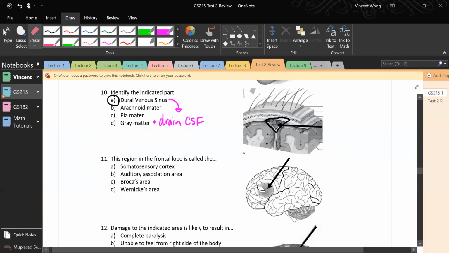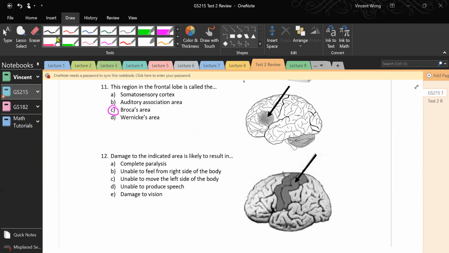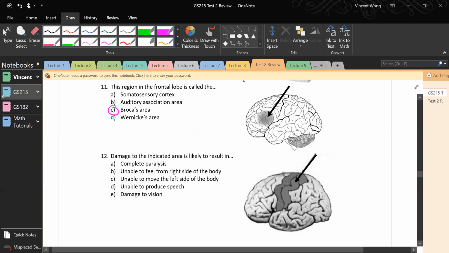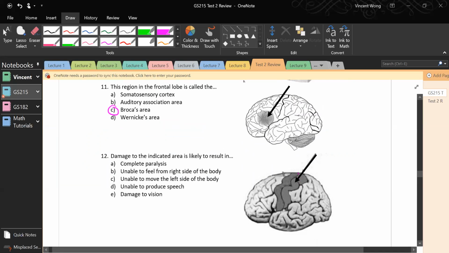Next one, this region in the frontal lobe is called the Broca's area. Enables speech. Damage to here is going to result in, okay, so first of all, you have to understand what we are pointing at. Over here, I hope you can see by now that this is the central sulcus.